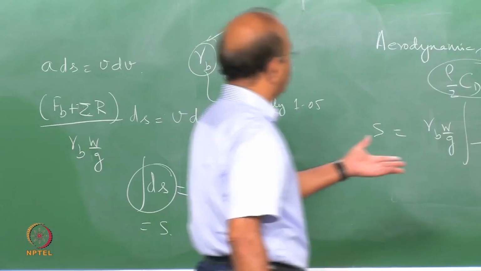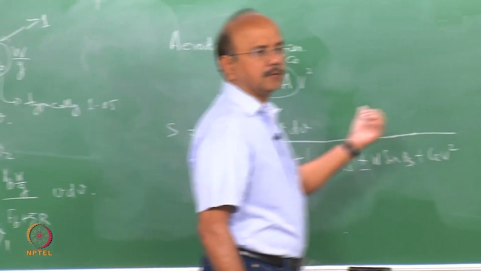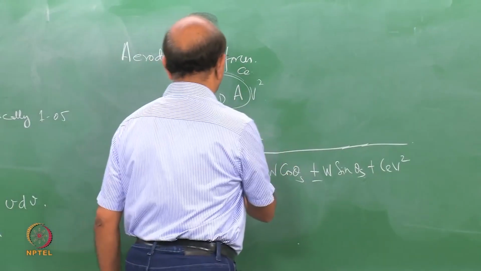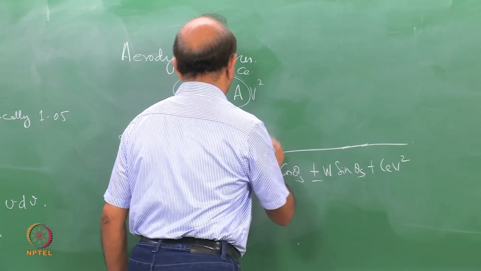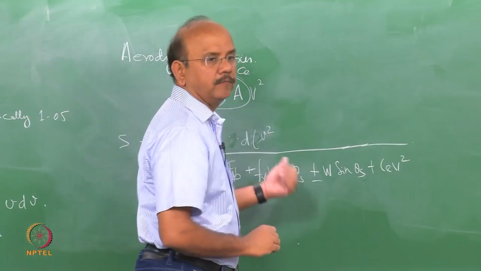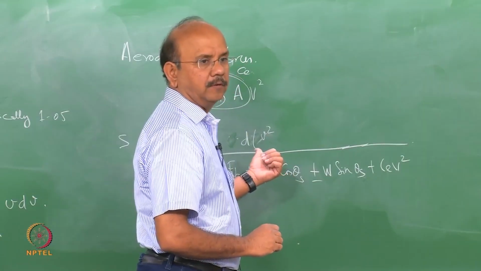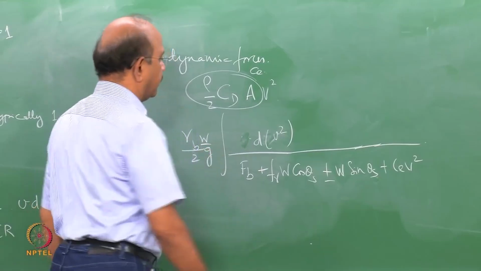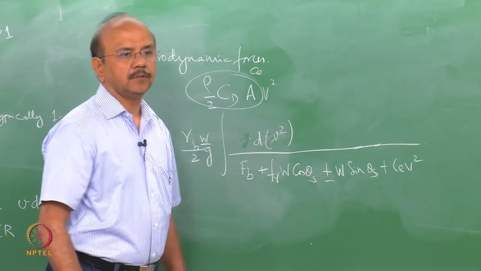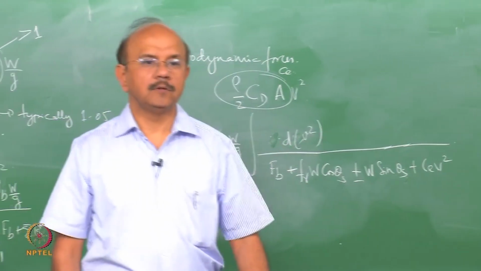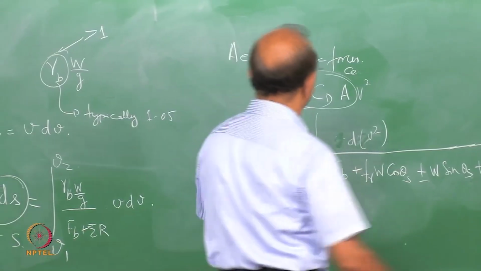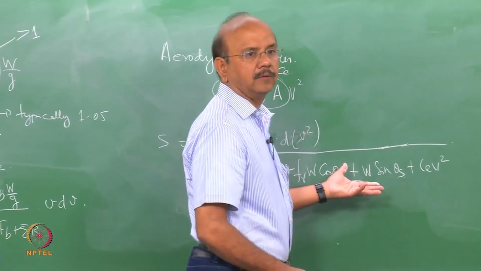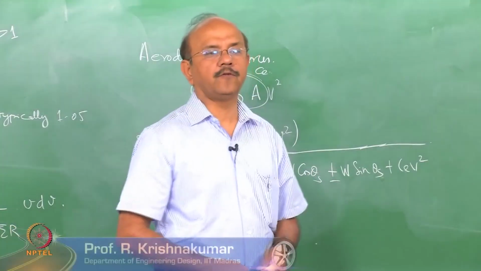So, you have this V squared term, I have to now integrate this. So, regular integration, d of V squared, then 2 will be there, so I will bring that 2 outside. So, d of V squared, or you can say d of all this plus V squared also, and then what would be the formula?